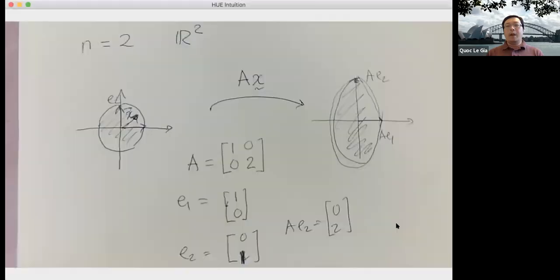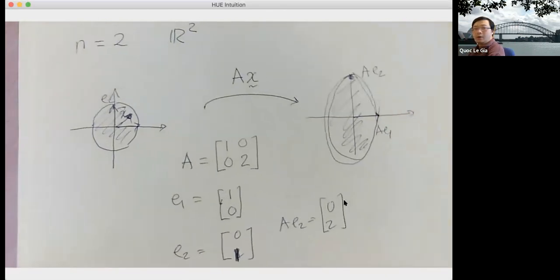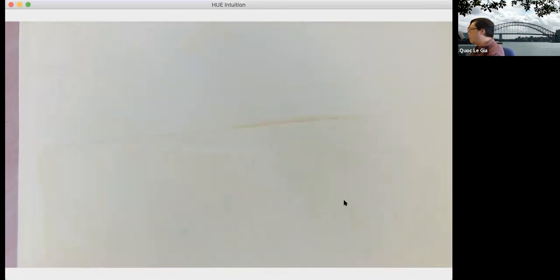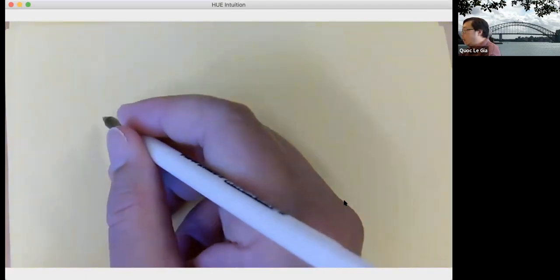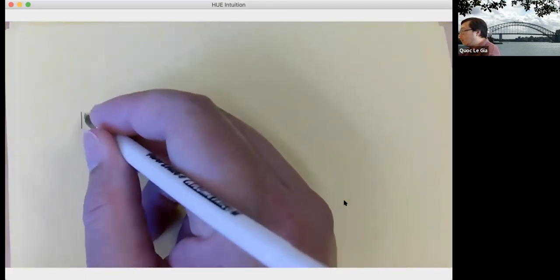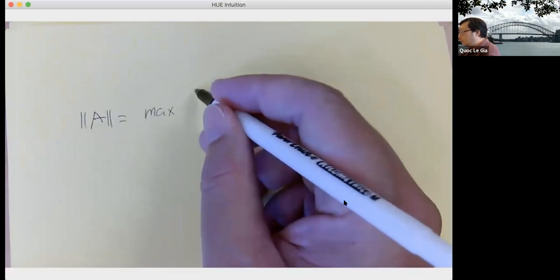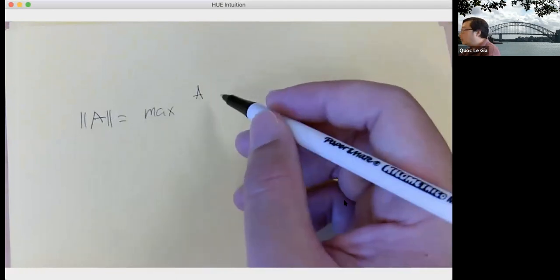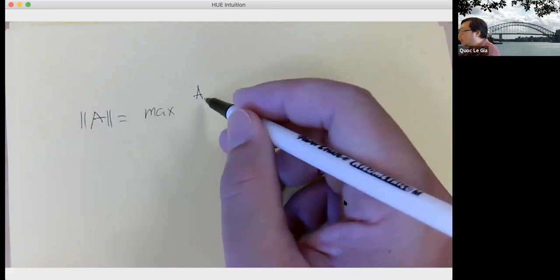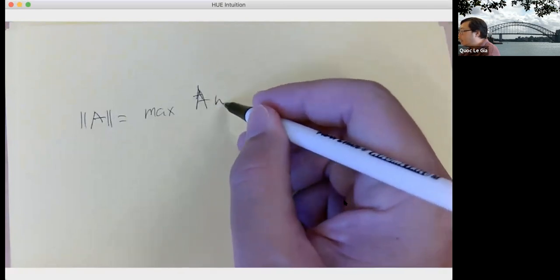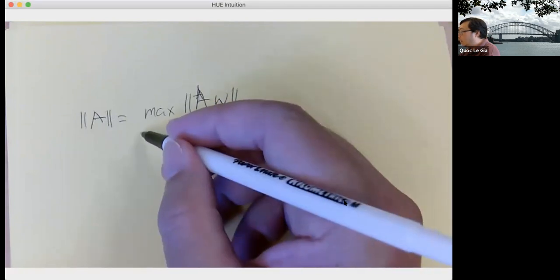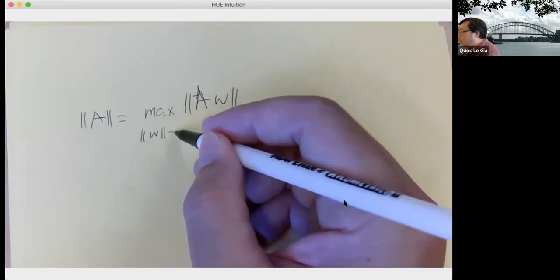So now we have the definition of the matrix norm: it is the max of the norm of AW, where the norm of W is 1.